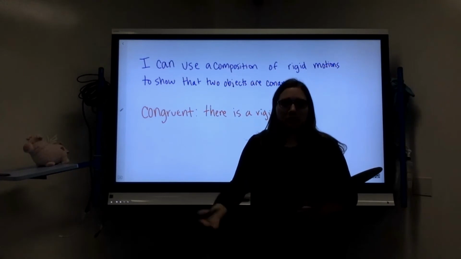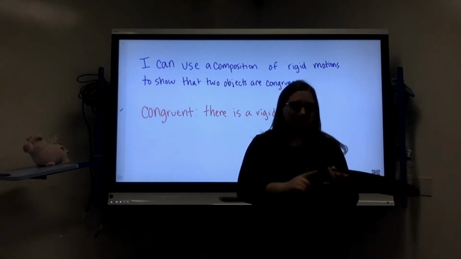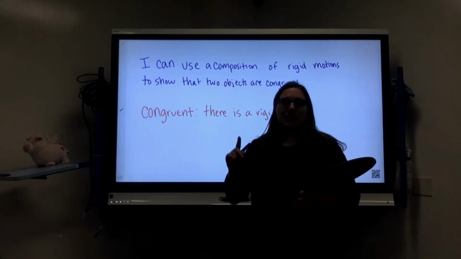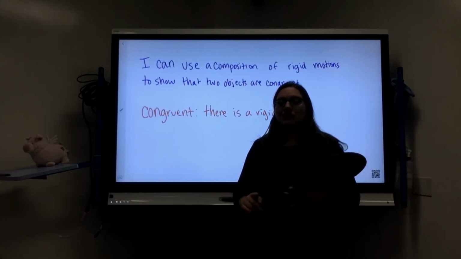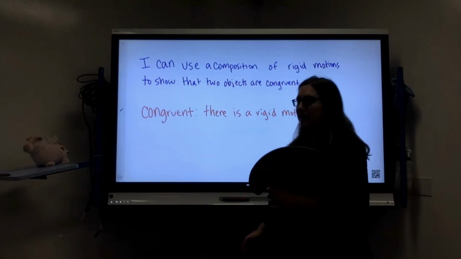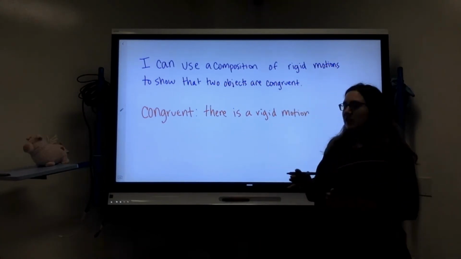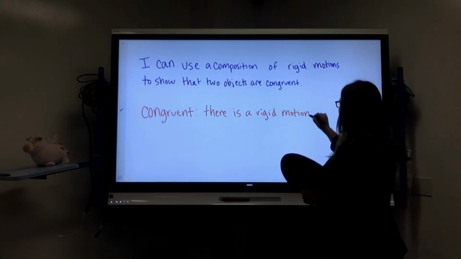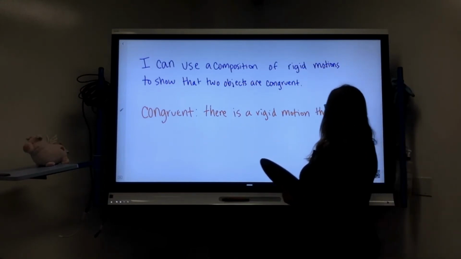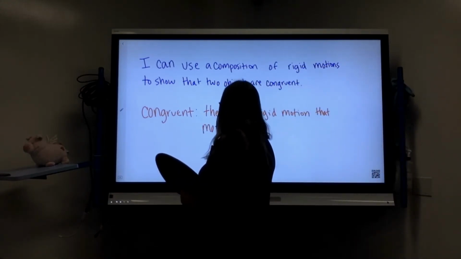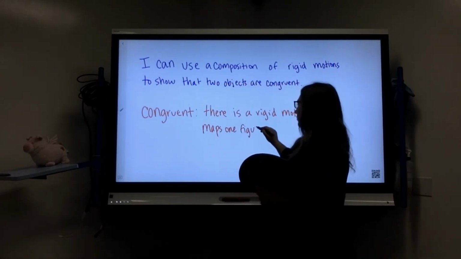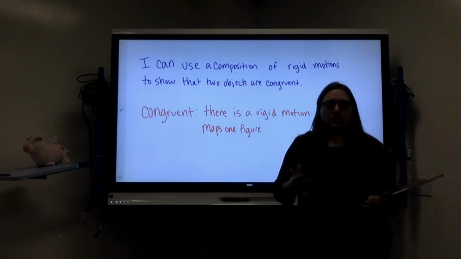So if you don't remember what a rigid motion is, that's our translations, our glide reflections, our reflections, our rotations. And so in order to be congruent, there is a rigid motion that maps one figure onto the other.